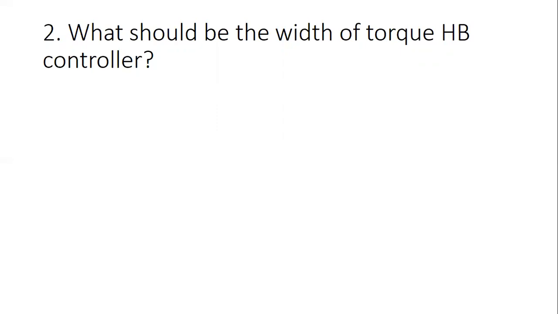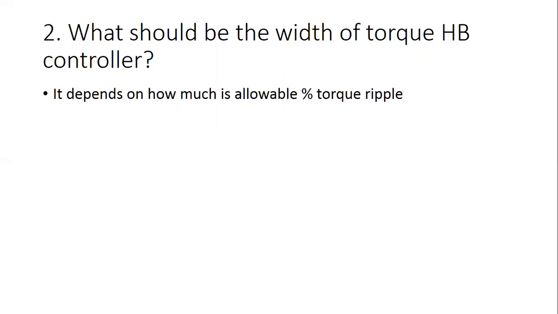So the logic is how much percentage torque ripple is allowable. Now this torque ripple affects the load. So based on the load requirement, the allowed percentage torque ripple is available, and based on that, we can select the width. I'll show you in the simulation how to adjust it.